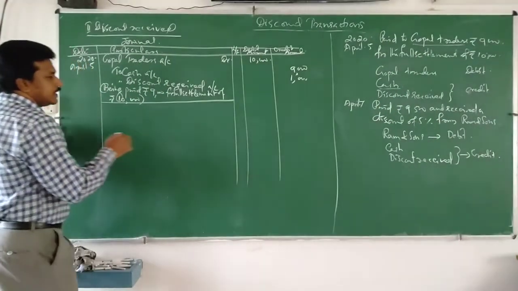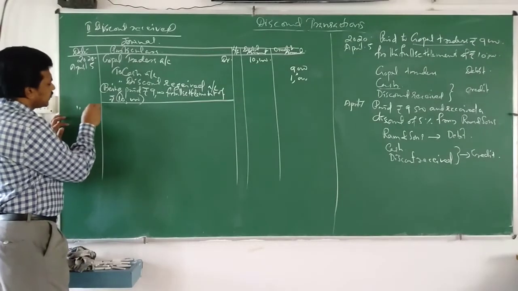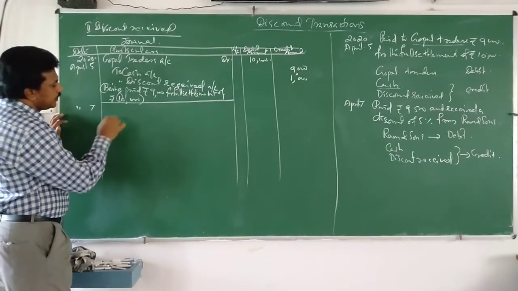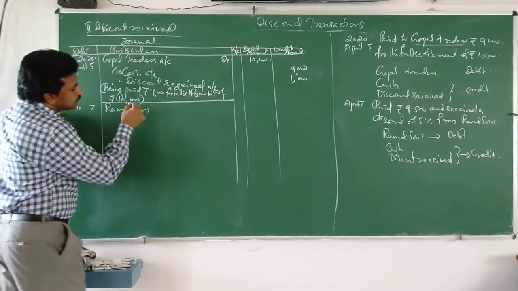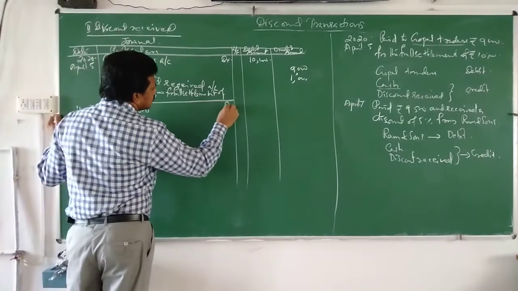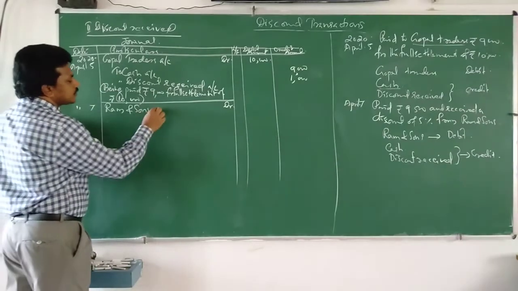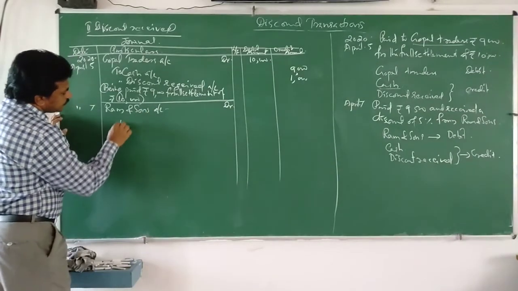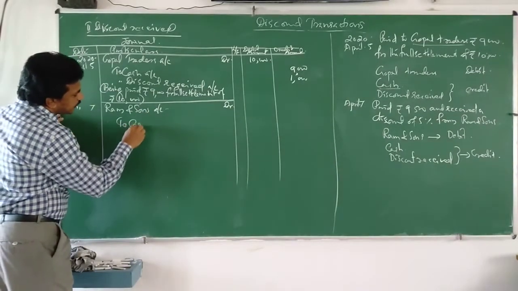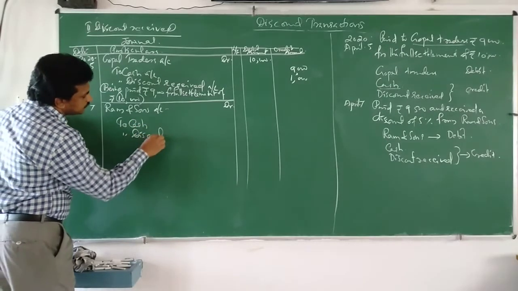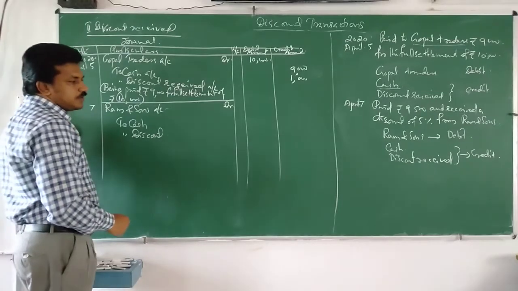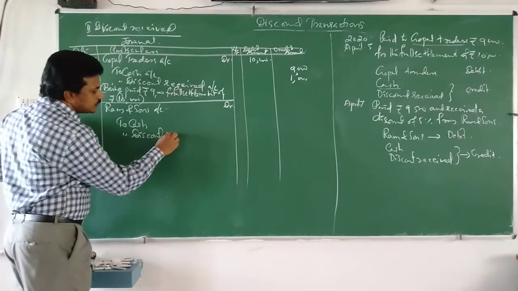Therefore the entry will be April 7, Ram and Sons account debtor, to cash, then to discount received.